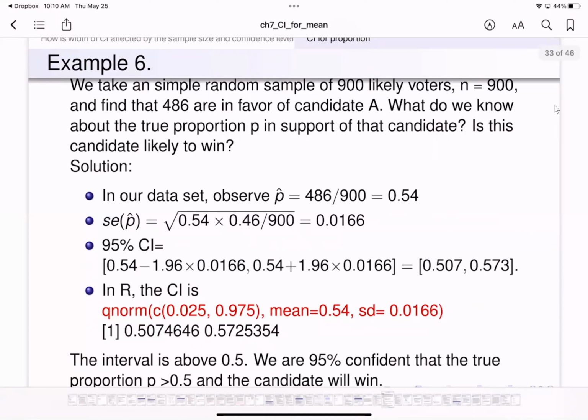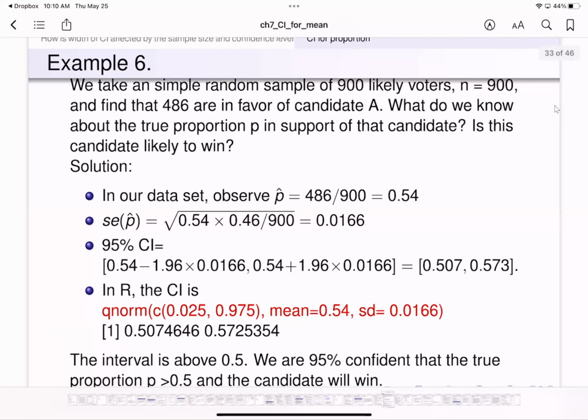As long as this candidate has more than half of the proportion of voters that support this candidate, then this one will win. So basically, it's a question of whether 486 is going to tell us that, if we consider the entire population, we are going to have more than 50% of voters in favor of this candidate.